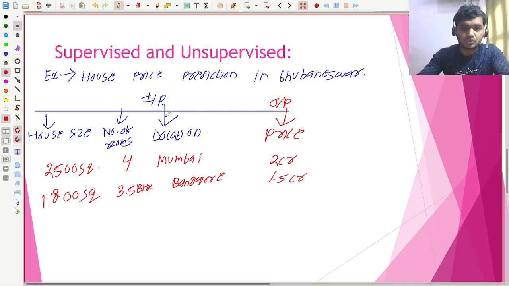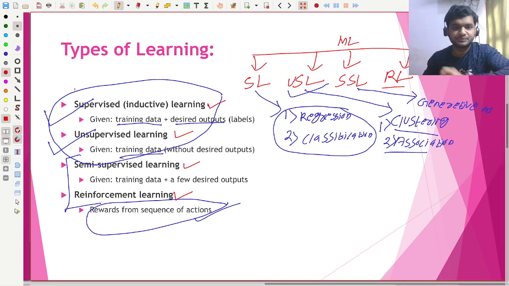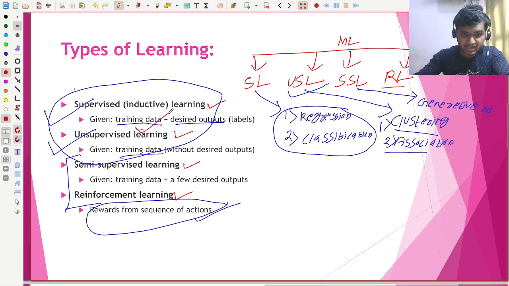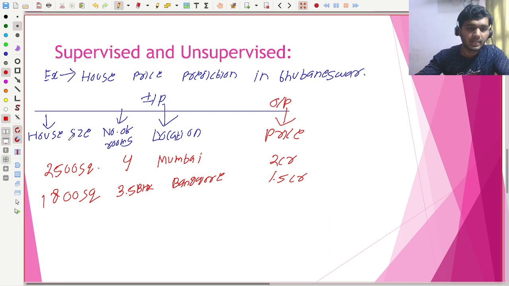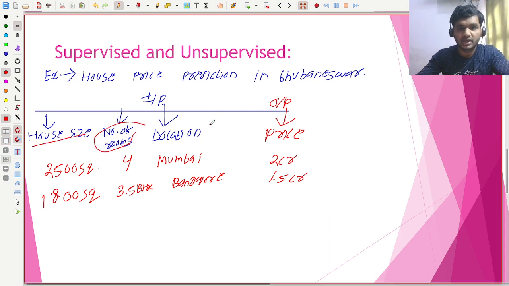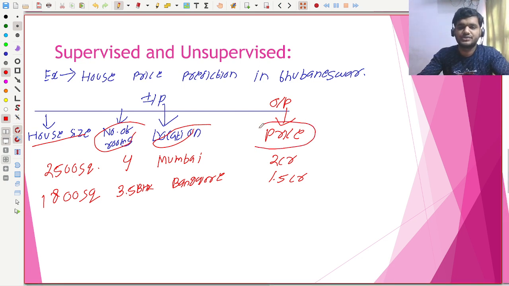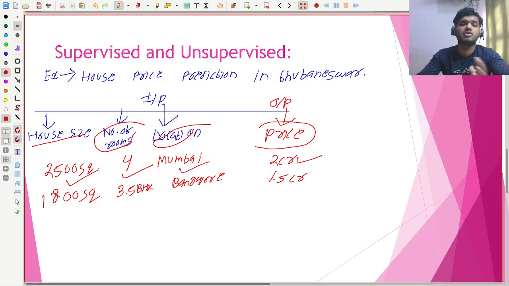So in supervised learning, here we give training data and desired output. We give house size, number of rooms and location, then we predict the price of the house. So if you input house size 2500 square foot, 4 rooms and location Mumbai, then price is 2 crore. It is an example of supervised learning.